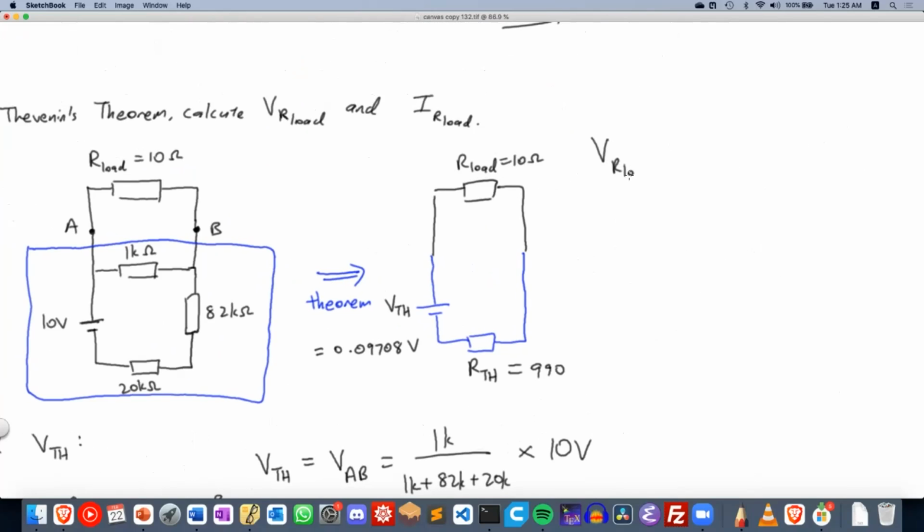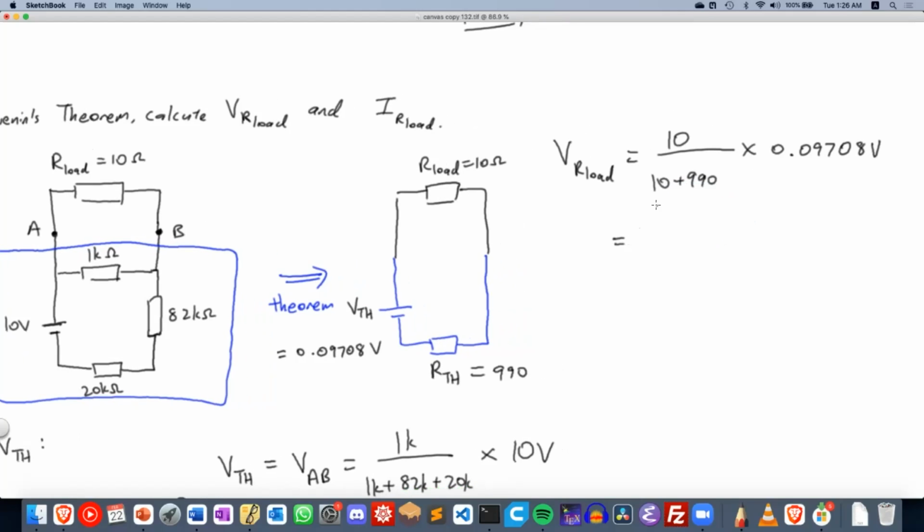By the voltage divider principle, because your R load is in series with the Thevenin resistor, VR load is going to be 10 over 10 plus 990 times 0.09708 volts. That gives you 0.9708 millivolts.